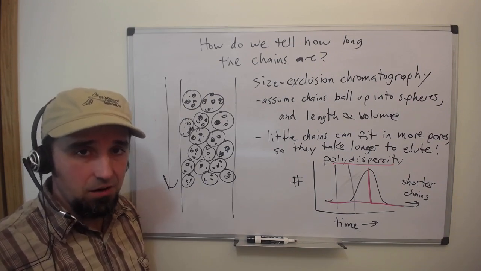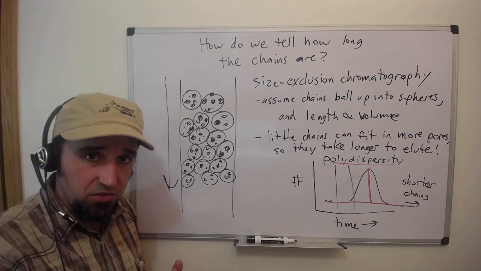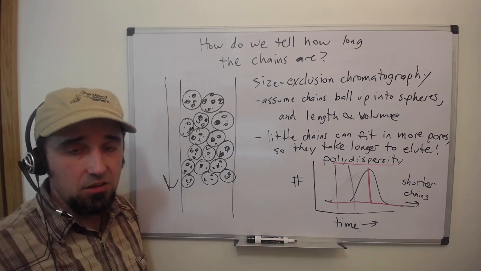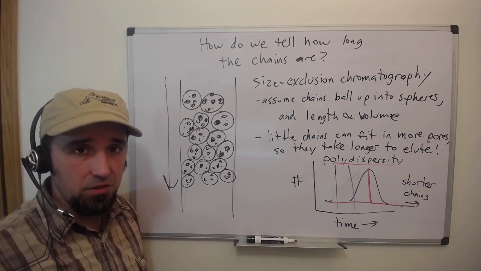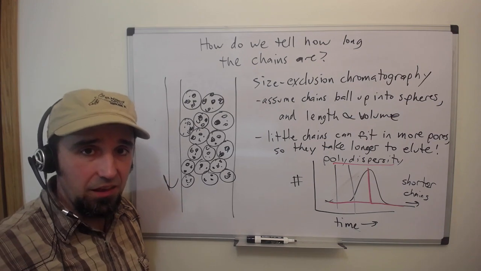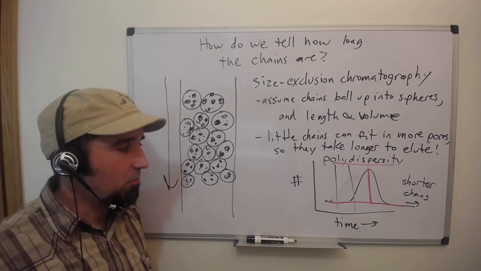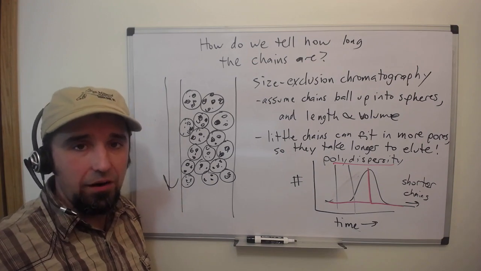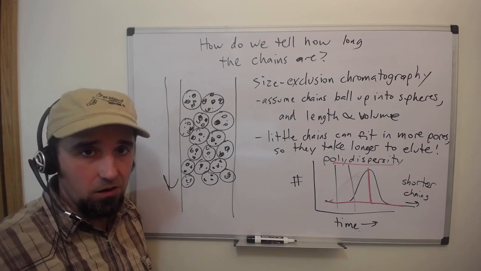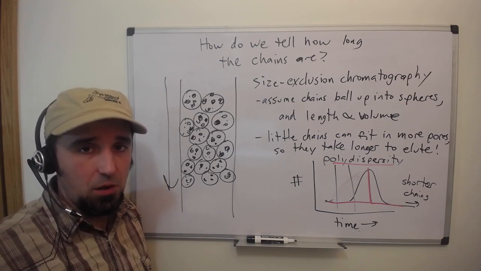Most of our methods are not monodisperse. There's a little bit of spread in shorter and longer chains, and the cheaper the material, usually the broader that range. And as you can tell, from a mechanical standpoint, a narrower range is good because we have a better handle on exactly what the properties of the material are.